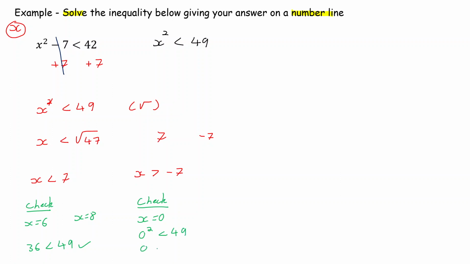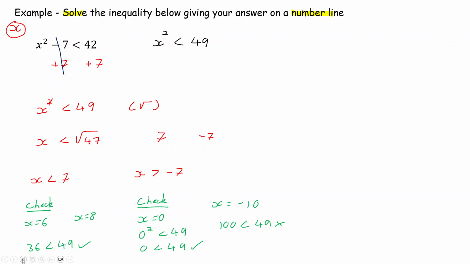Well, 0 is less than 49. Good, that makes sense. If I used a value that wasn't bigger than minus 7, like minus 10 to make our numbers easier, minus 10 squared would give me 100, which clearly is not less than 49. So the inequality breaks down. So my x values must be bigger than minus 7.